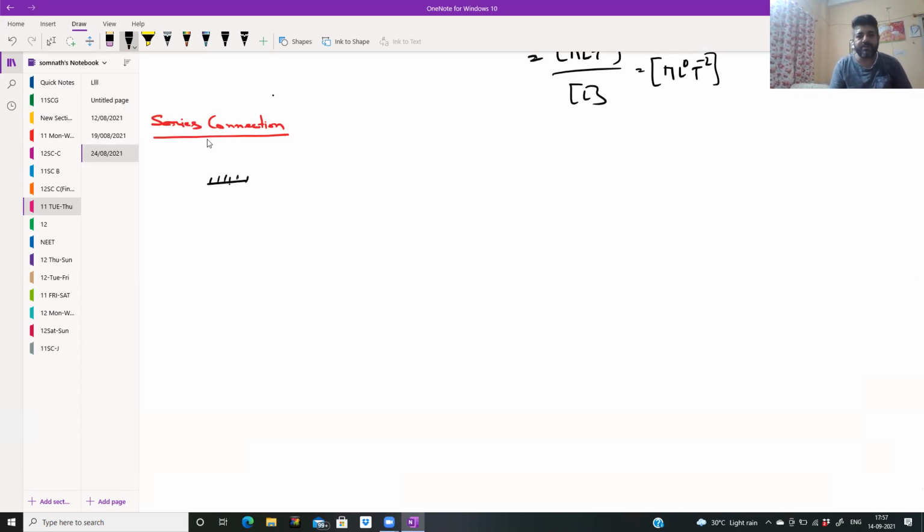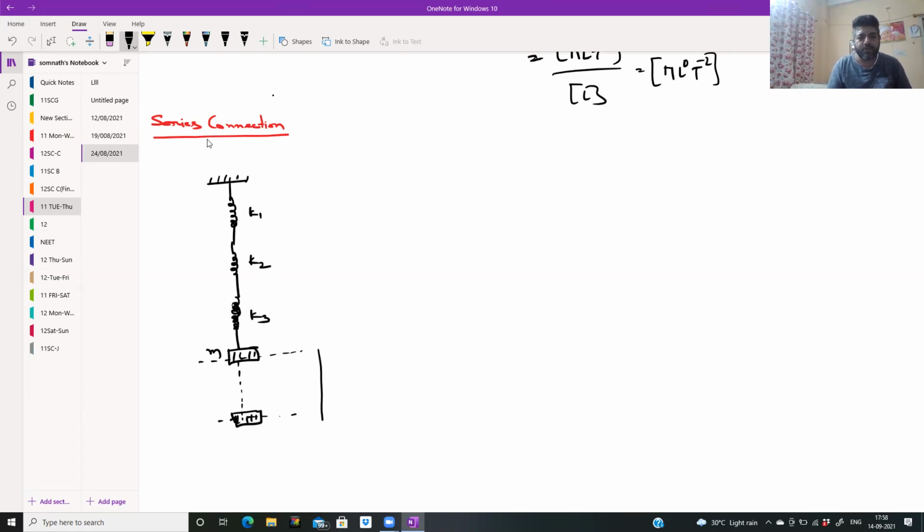Suppose you have springs, first one, second one, third one, like this, with spring constants K1, K2, K3. This is the mass M, and due to this you are applying force. Suppose they are elongated up to this distance.